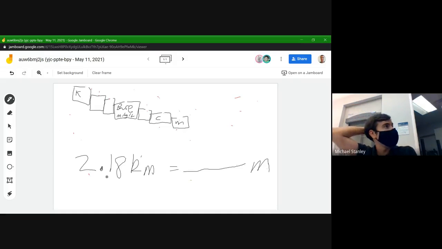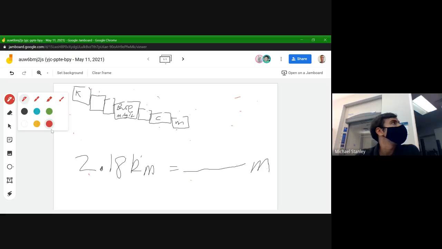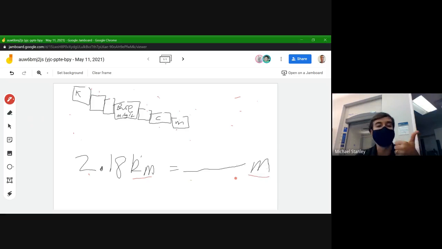So 2.18 kilometers, but I want to turn that into meters. So we're starting from kilometers. We're going to meters. So what is our starting box?